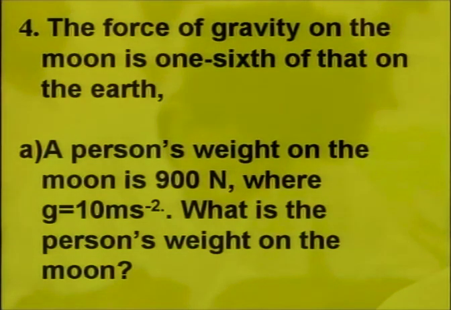All right, for number 4A, the person's weight on the Earth is 900 newtons, where acceleration due to gravity is 10 meters per second squared. What is a person's weight on the moon?